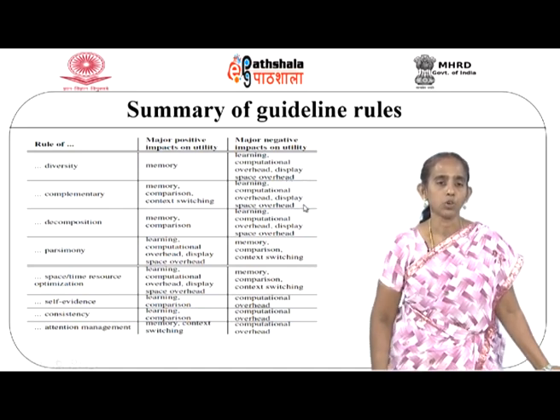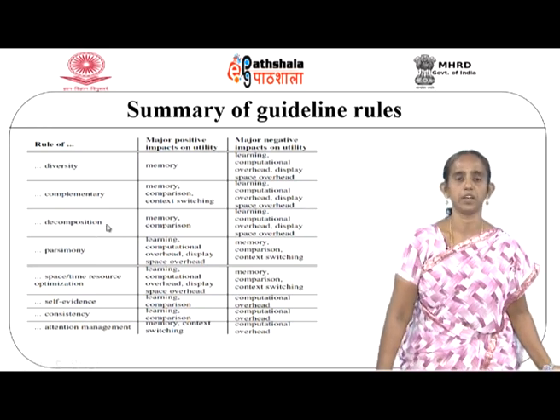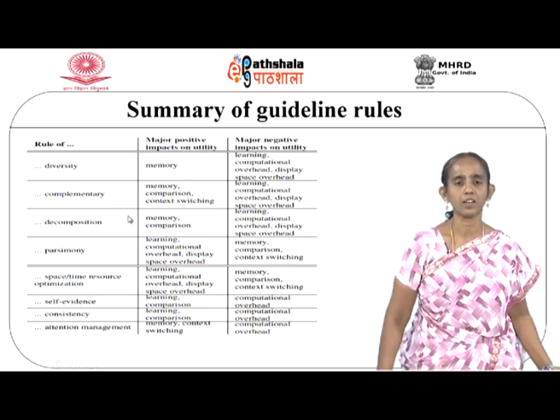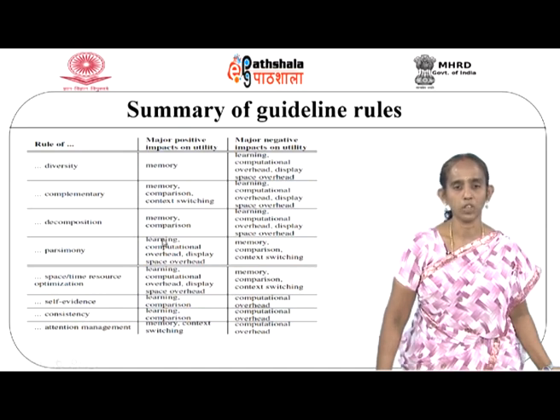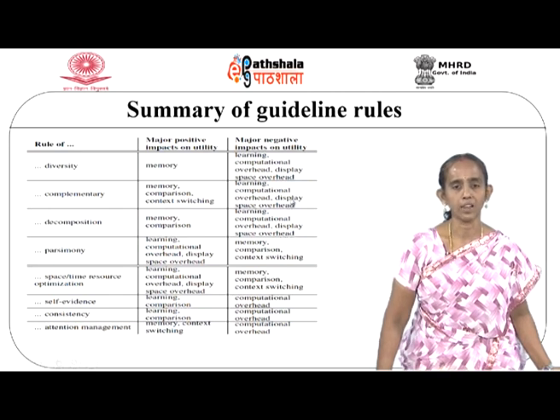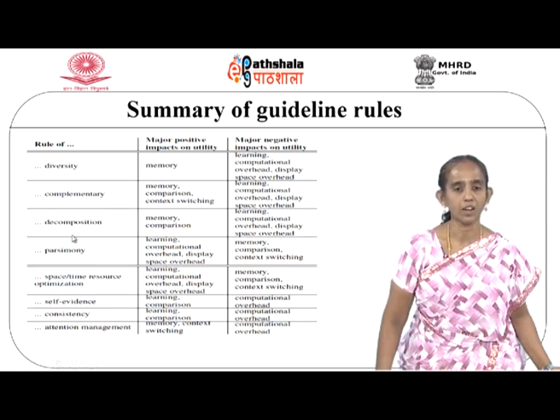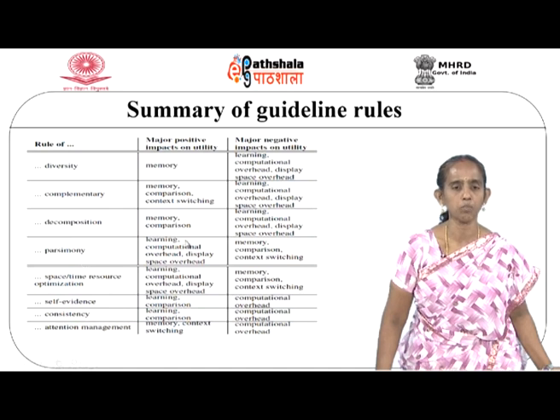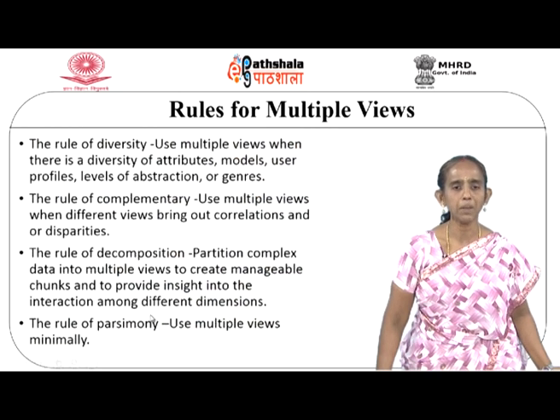By way of the rule of decomposition, wherein we say that the data needs to be decomposed into manageable chunks, we see that the memory and the comparison are going to be very low when compared to a single view, whereas, like in the last rule, here the learning, the computational overhead as well as the display space overhead increase. By the rule of parsimony, learning, computational overhead and display space overhead decrease, because the rule of parsimony states that we need to use multiple views in a minimalistic manner.